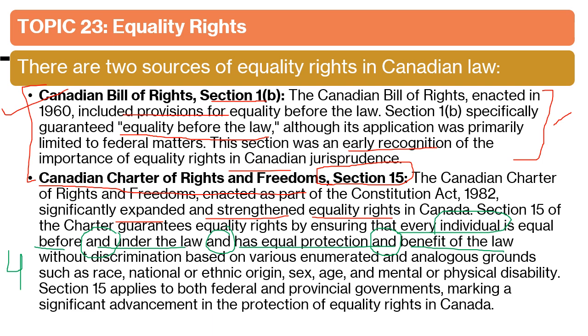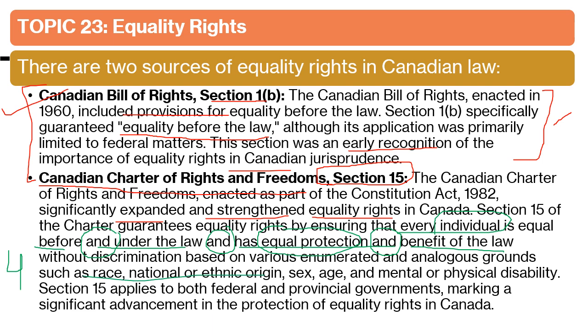Then you have equal protection. If you feel your equality right is being infringed by anyone, you can get equal protection with any other person. Then, without discrimination based on various enumerated as well as analogous grounds like race, national or ethnic origin, sex, age, mental or physical disability, you cannot be denied the benefit of any law based on these grounds.